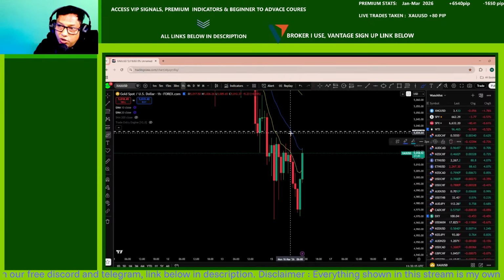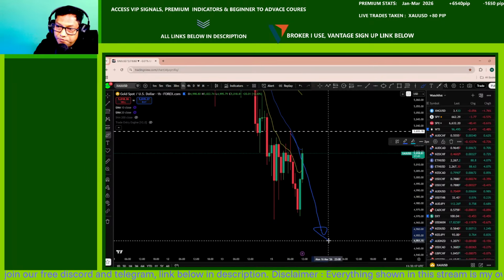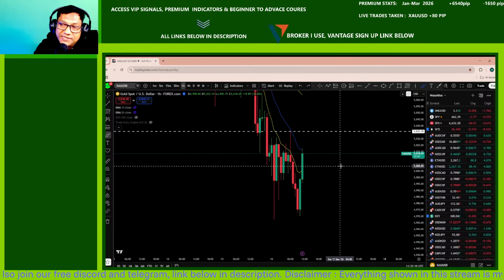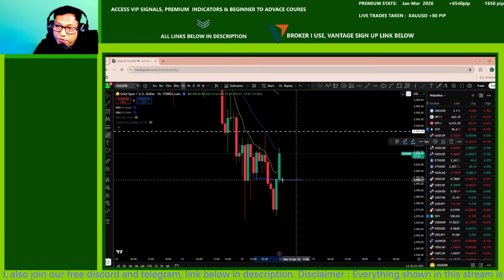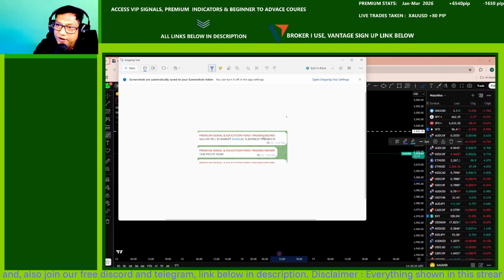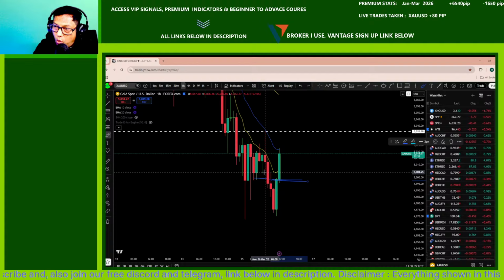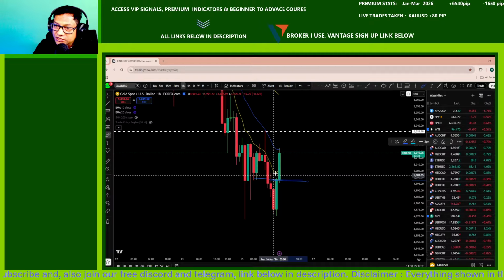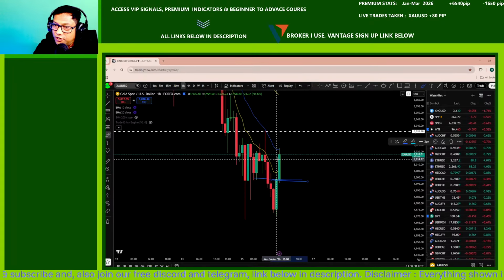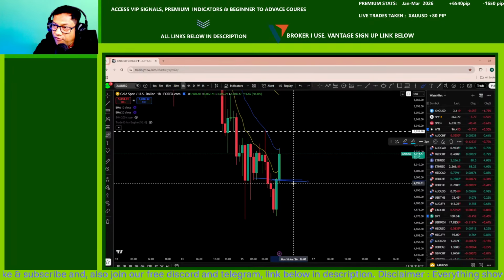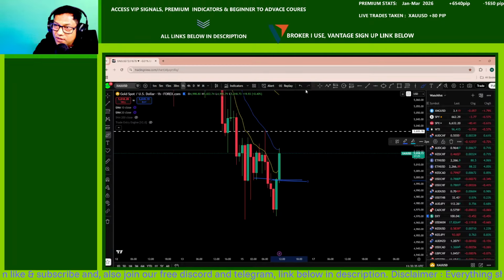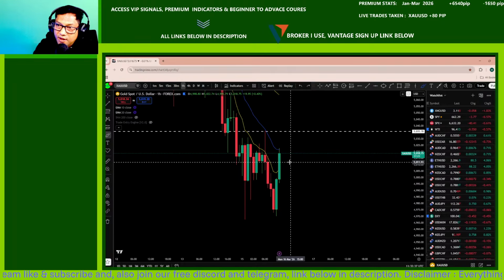That's the basis of the entry from this zone, at the 4996 level where we opened this trade, when the market broke back below.